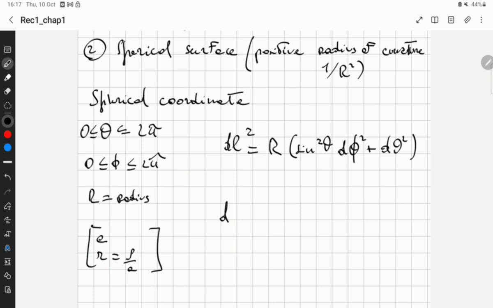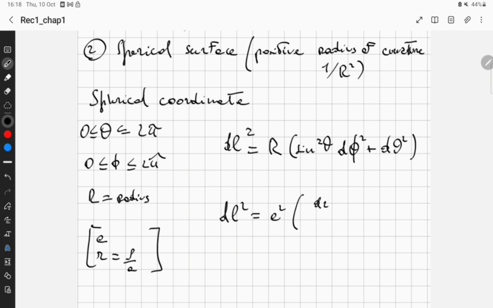What we're doing here is to be able to write the different metrics for the different geometries in a similar form, and we will see why, because we will have at the end a generalized form that depends on a parameter which in itself describes the different geometries and the different kinds of universe.